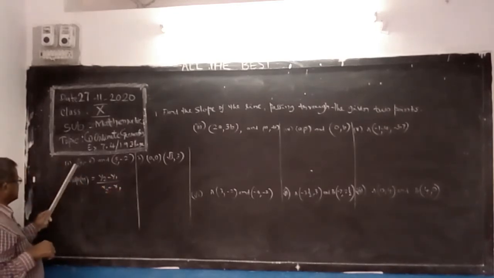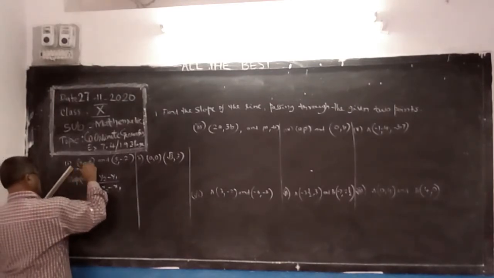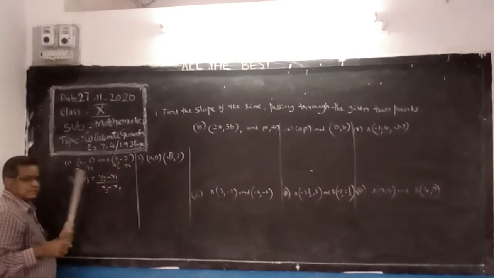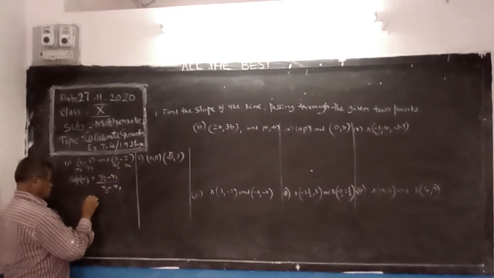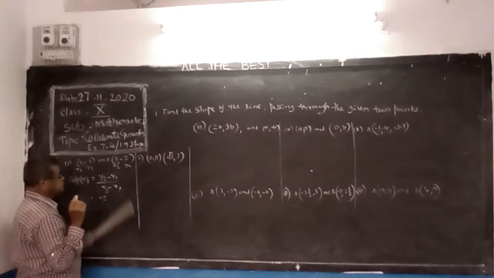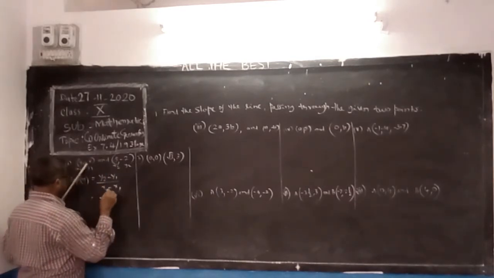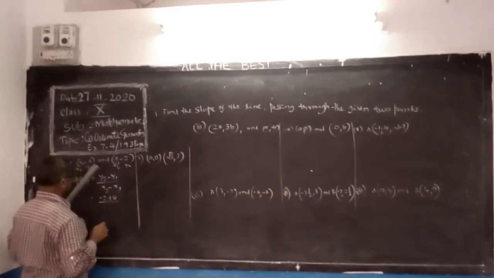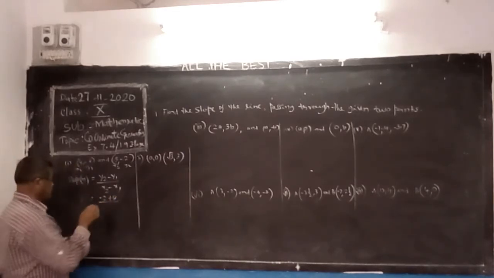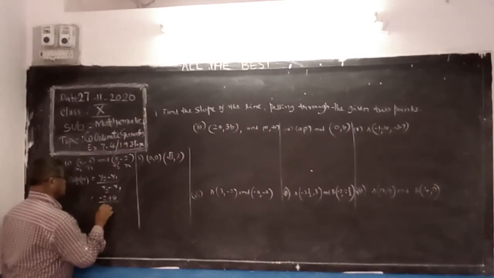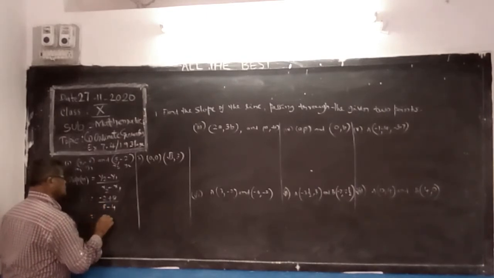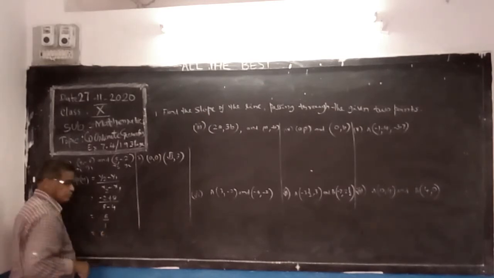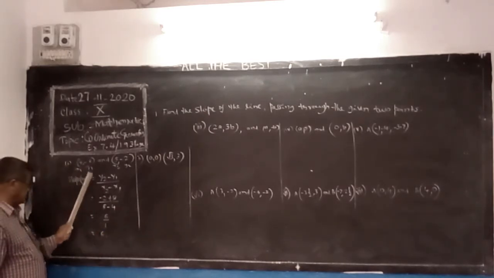So we know this is x1, y1, x2, y2. Substitute. What is y2 here? Minus 2. What is y1? Minus 8. Minus of minus becomes plus. By x2, 5 minus 4. So 6 by 1. That is 6 slope. Slope of the line is 6, that's all.